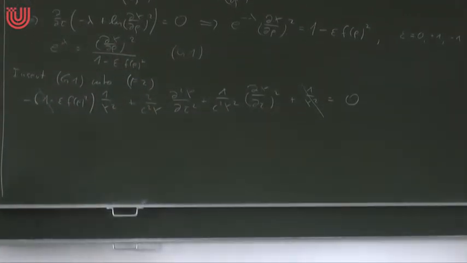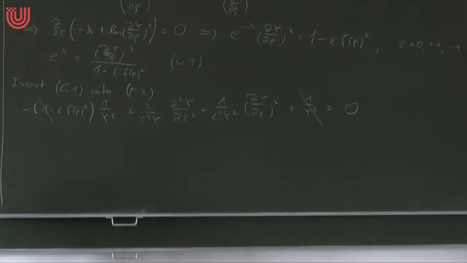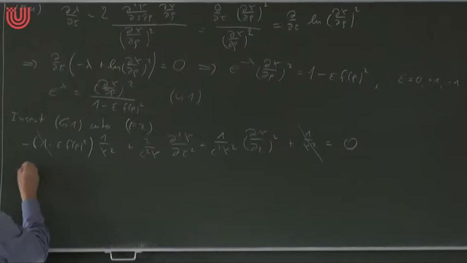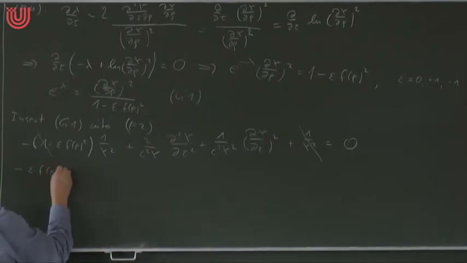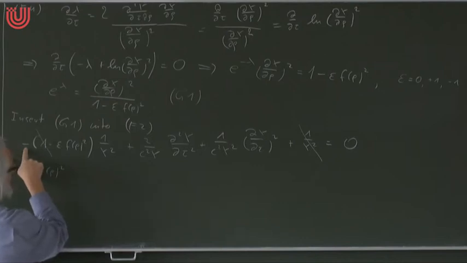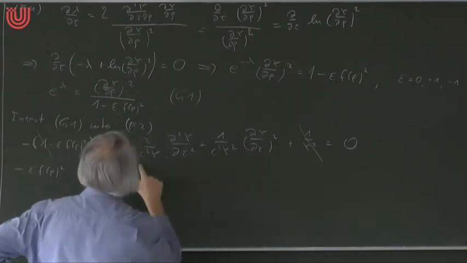And I multiply the whole expression with, say, minus y squared. Then I have minus epsilon f of rho squared. I take this to the other side and I multiply it with minus, so I get the same signs as I have here.